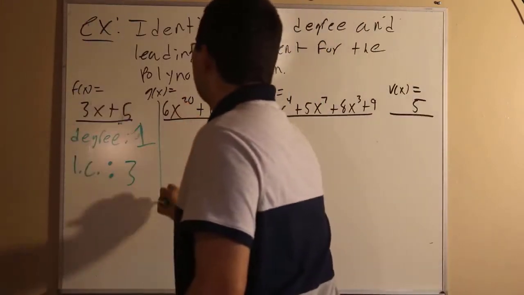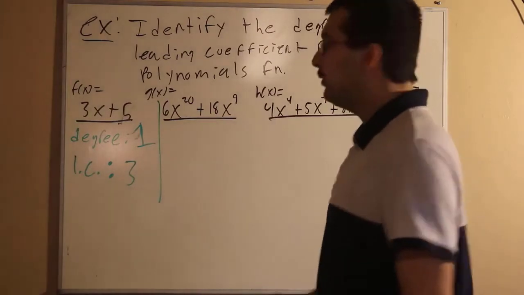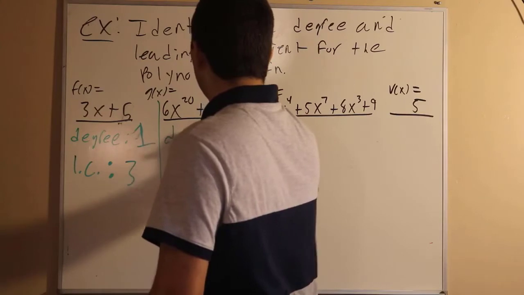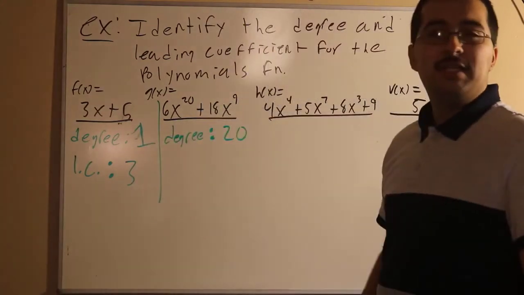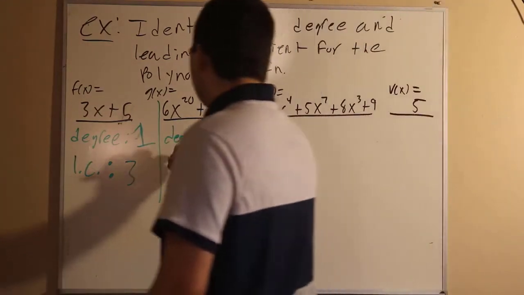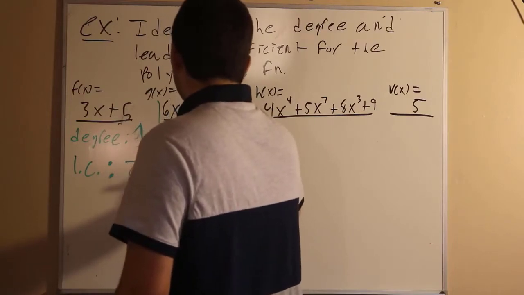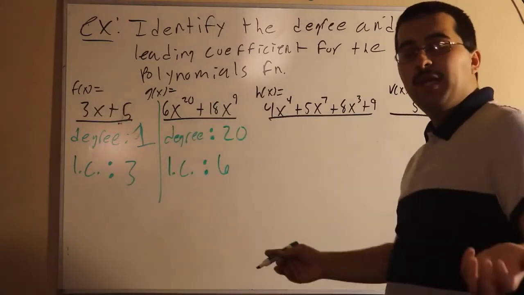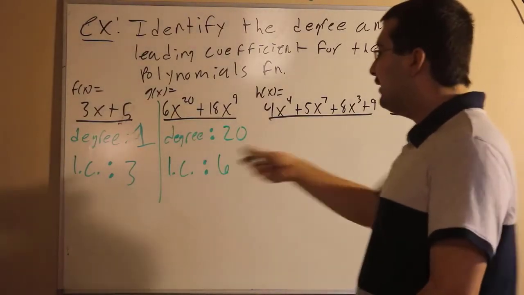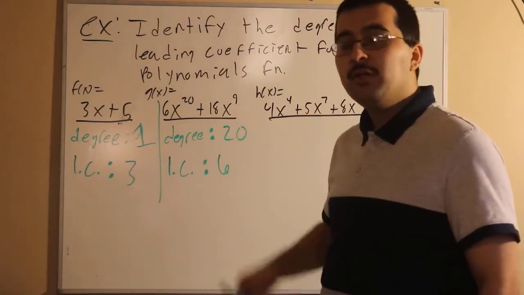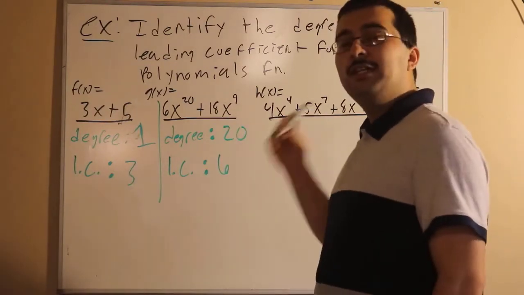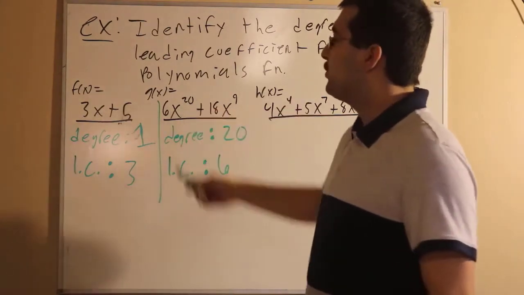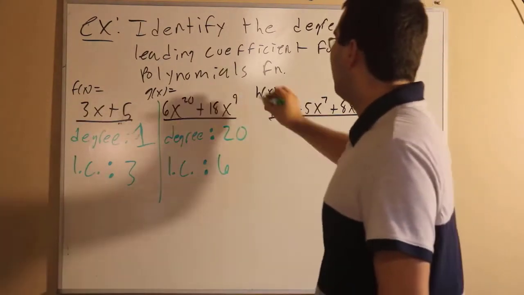Similarly, for this second polynomial, its degree is 20, because 20 is the highest power present, and then the leading coefficient is the number being multiplied by x to the 20, so it is 6. Alright? So, a big important note right there is that the leading coefficient isn't the largest number. The largest number is 18. The leading coefficient is the value being multiplied to the variable with the highest power. So our highest power is 20. That makes the leading coefficient 6.